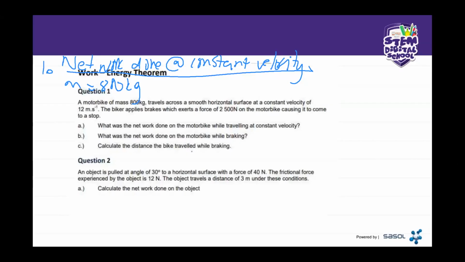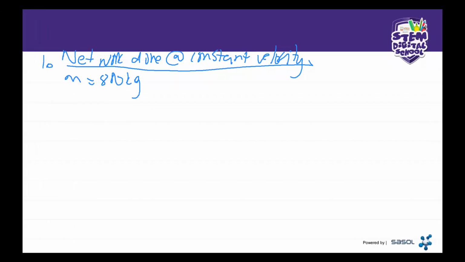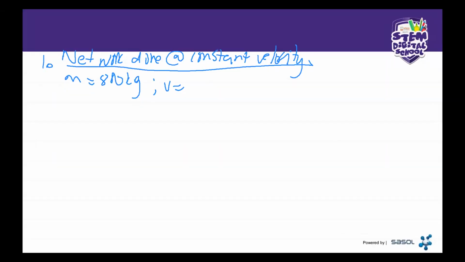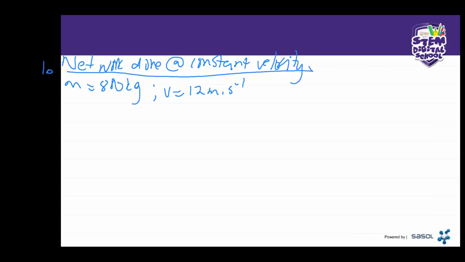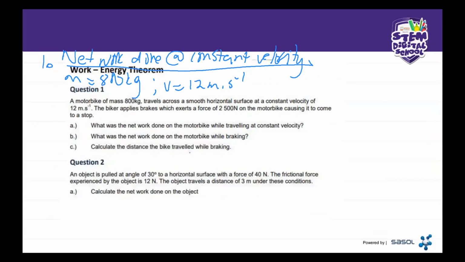Then we have the velocity at 12 meters per second. And then we have the frictional force of 2,500.